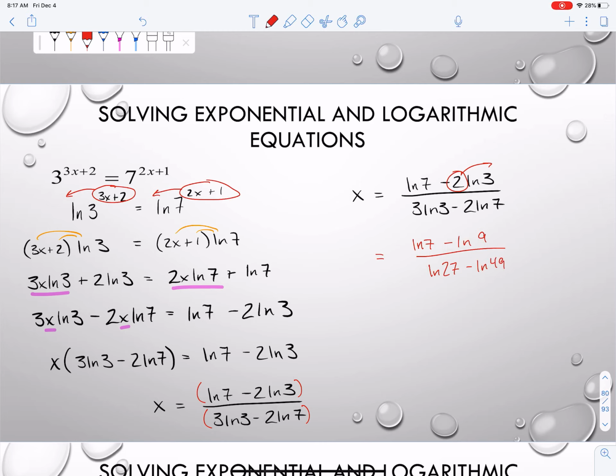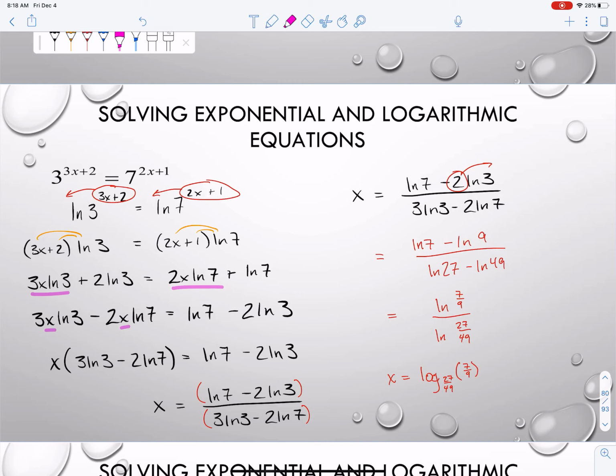And then I could use quotient rule and write this in my numerator as natural log of 7/9 over natural log of 27/49ths. And really, I could use change of base and work backwards, okay? And I could write this as a final answer as the log base 27/49ths of the quantity 7/9.